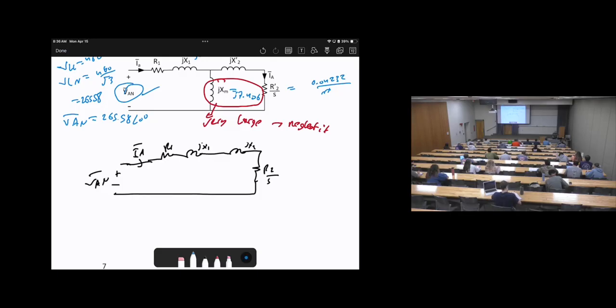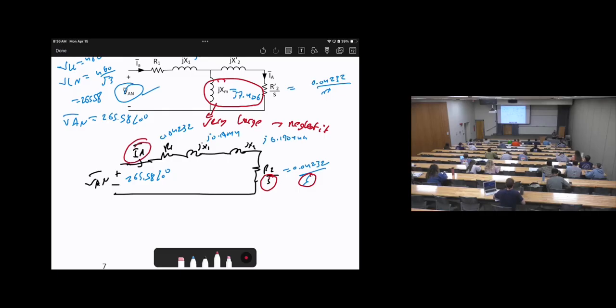Now we know all of the values here: 0.04232 divided by S, j0.19044, j0.19044, 0.04232, then here 265.58 angle 0 degrees. So in this circuit, the only unknown is S. I need to know S, then after that I can calculate I_A.